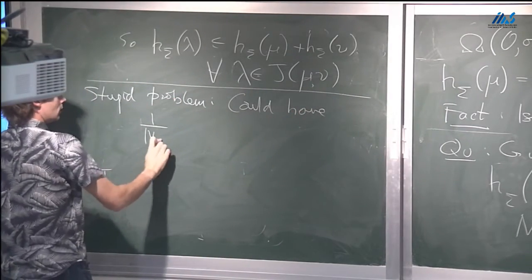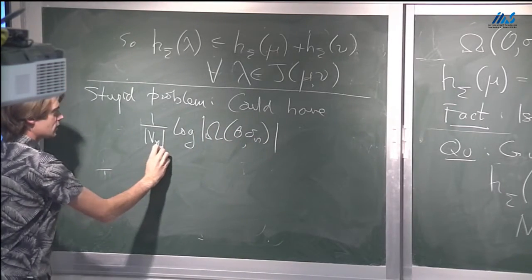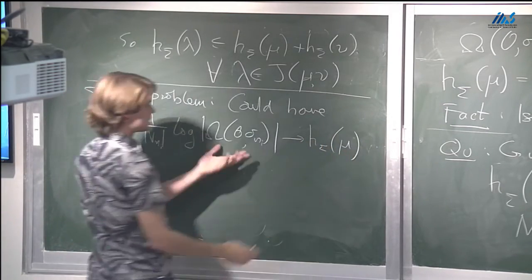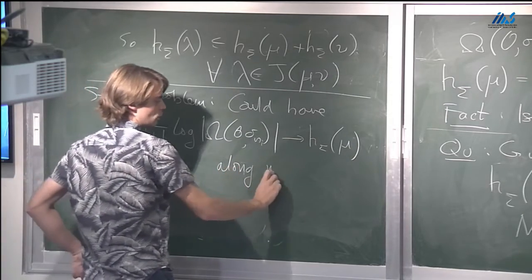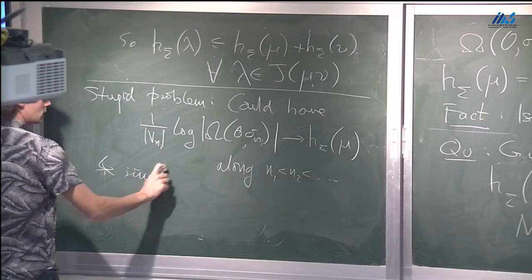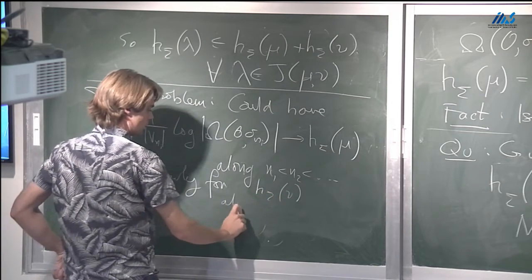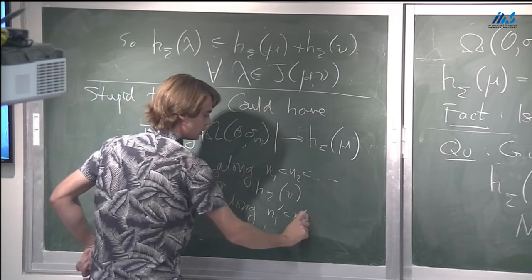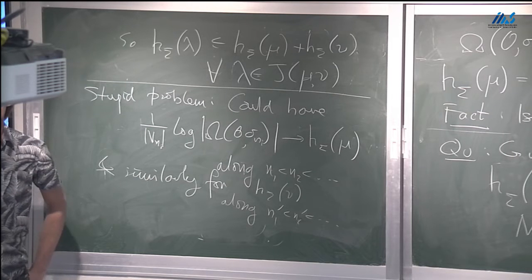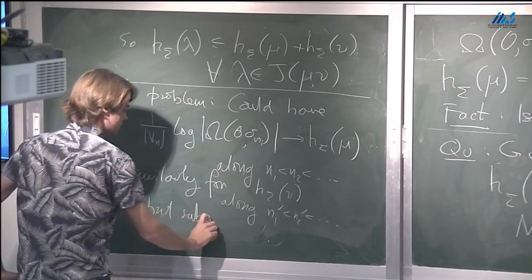I could have that this is converging to the Sofic entropy h sigma of mu along some subsequence n1 less than n2, and similarly for h sigma of nu along, say, n1 prime, n2 prime. But I can't do this with the subsequences intersecting infinitely often. In that case, it all falls apart, because I can't find values of n where there are good models for both. So the subsequences are disjoint.